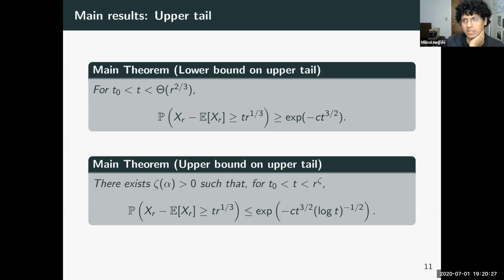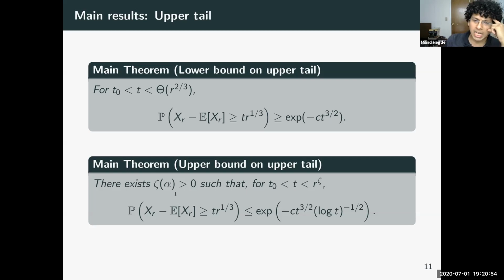This would be true even in the true picture, even if you had vertices which decay as e power minus t power alpha. You would expect this kind of thing, basically because after that point, the individual vertex weights play a bigger role in the overall distribution.